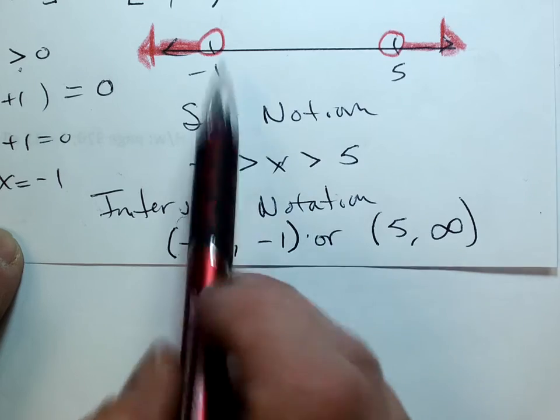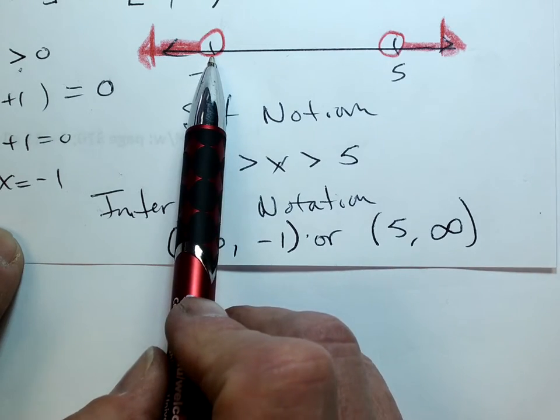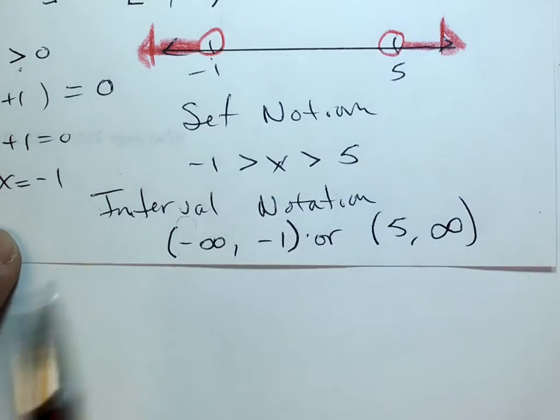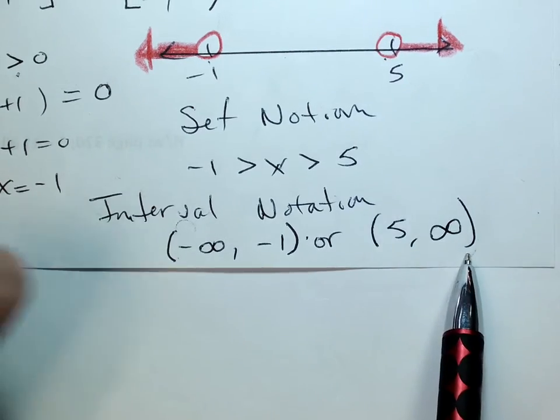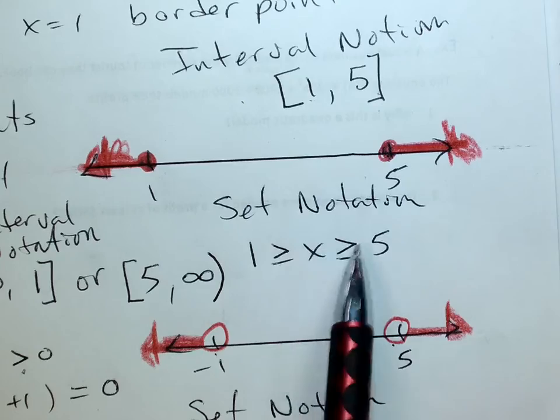Parentheses on both because it does not include it, right? Okay, real quick. Open circle, parentheses. Closed circle, bracket. Okay, now, how do you know?